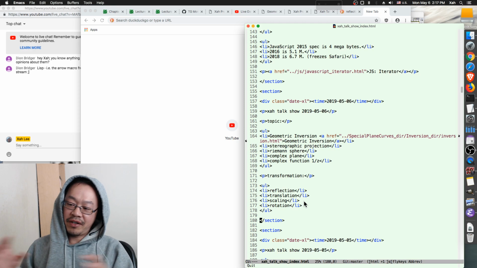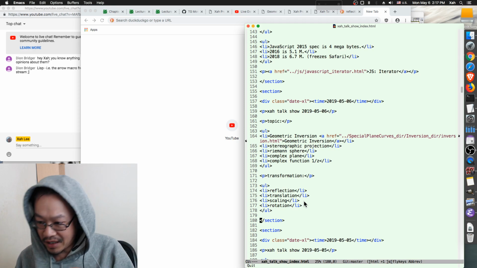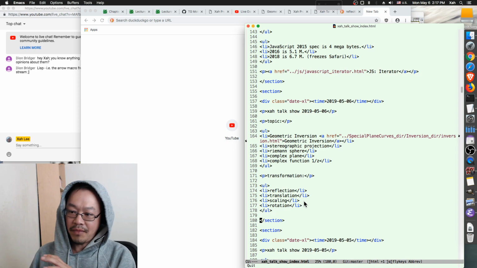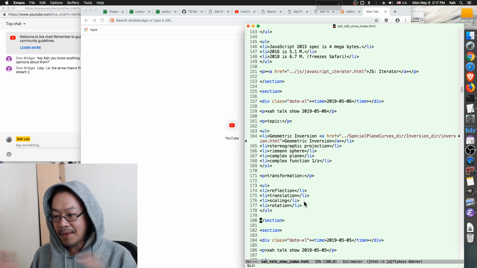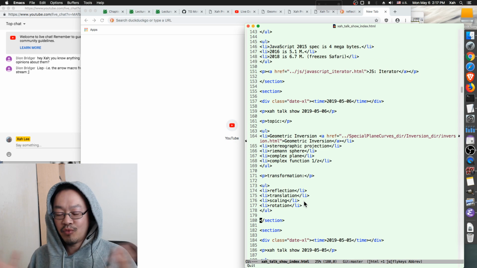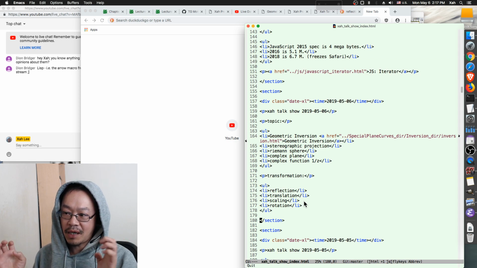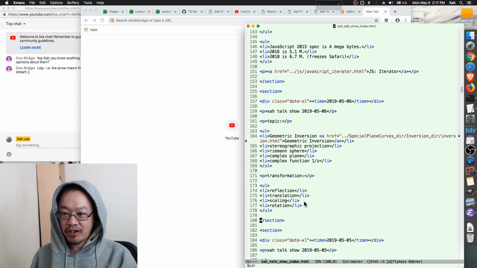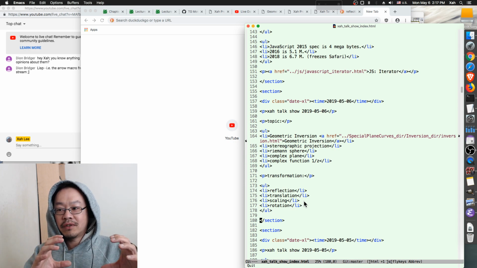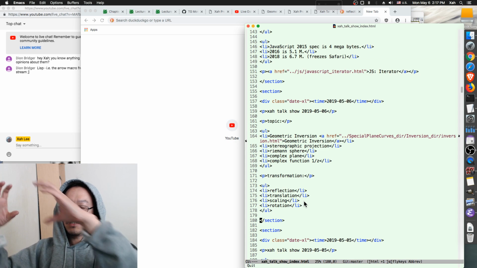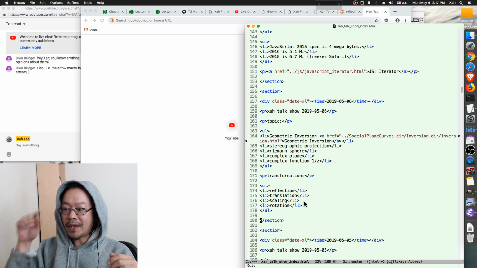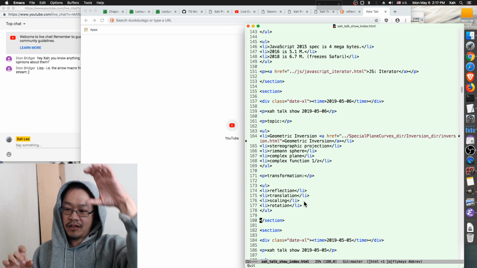Let me quickly get over these so we can start to talk about inversion. So transformation is just a function, a map. The four simple examples of transformation are reflection and translation, which just moves something from here to another place by a vector. That is, you move horizontally by a number, and you move vertically by a number.